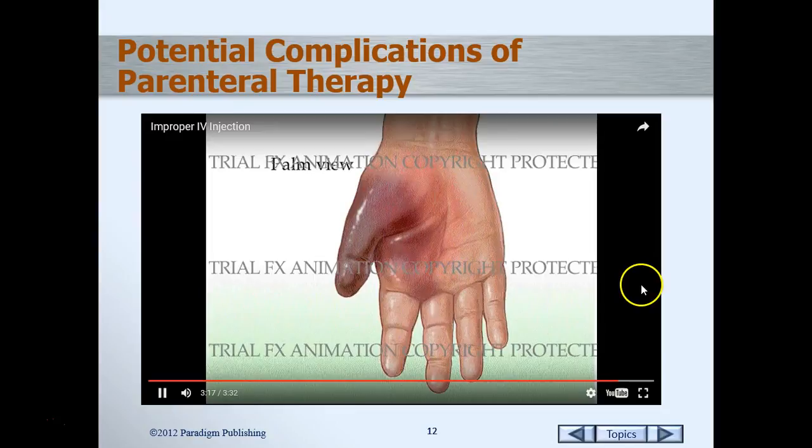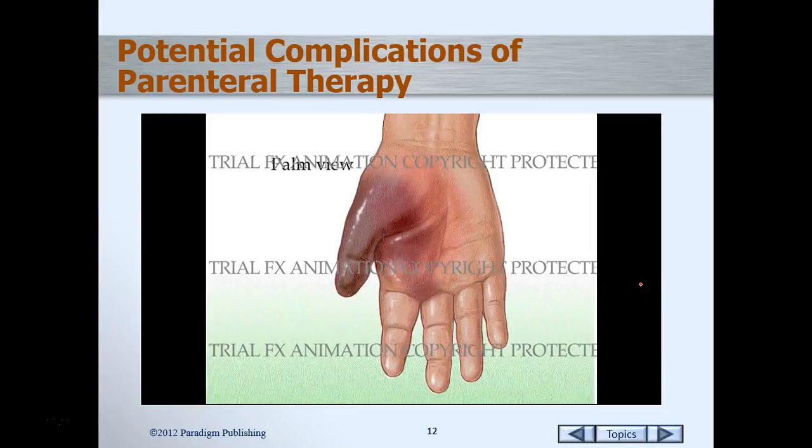So there is one of the concerns of several components of improperly administered IVs.